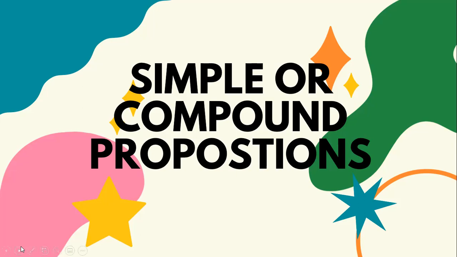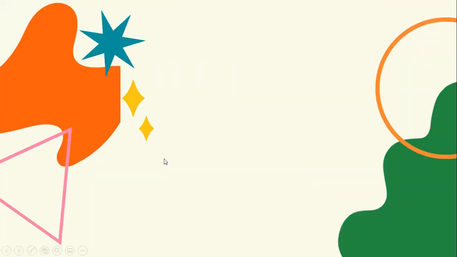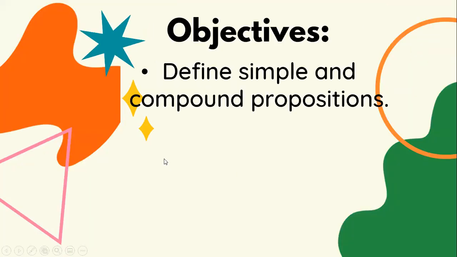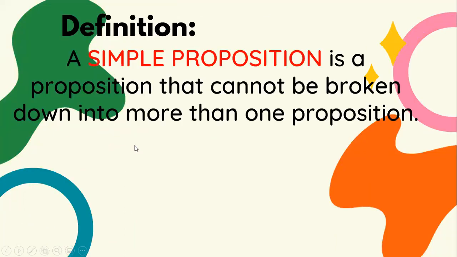It's the same case when we say simple and compound propositions. A simple proposition is a proposition that cannot be broken down into more than one proposition. It would be incomplete if you tried to break down the declarative sentence.